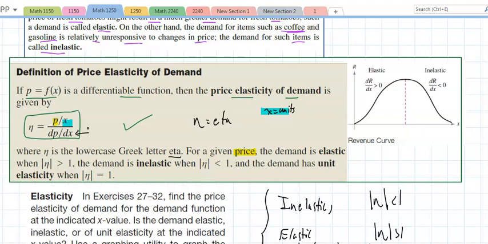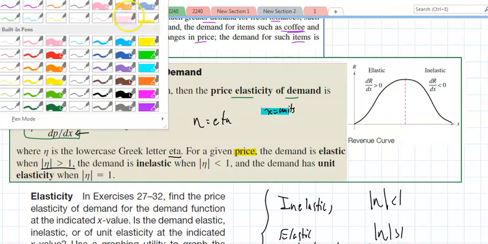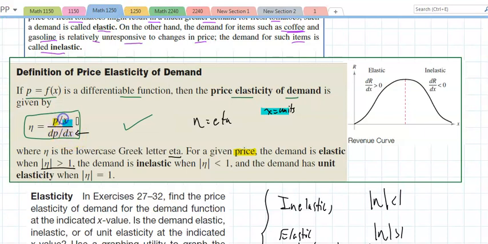For a given price, the demand is elastic if the absolute value of this quantity right here is bigger than 1. It's inelastic if the absolute value is less than 1. And it is unit elastic if it equals 1.